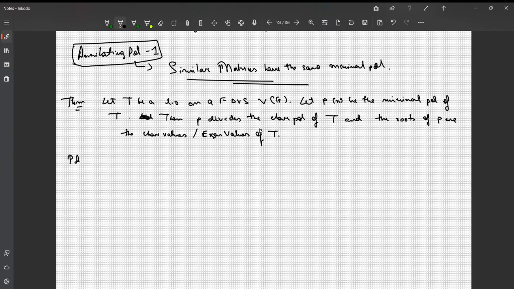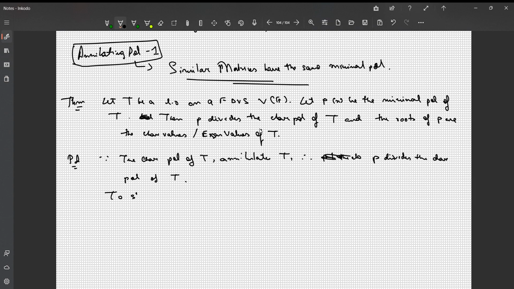Okay, so proof: since the characteristic polynomial of T annihilates T, therefore P divides it. P divides the characteristic polynomial of T, right? So it's obvious.